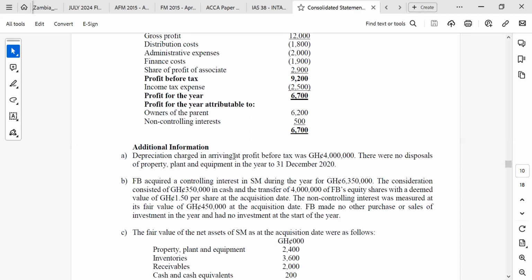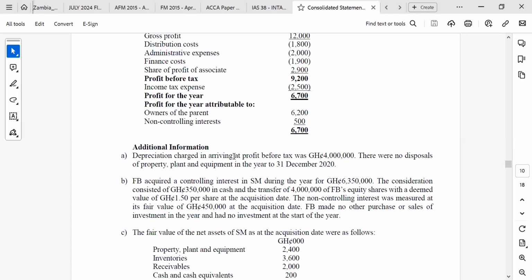B. FB acquired a controlling interest in SM during the year for 6,350,000 Ghana cedis. The consideration consisted of 350 Ghana cedis in cash and the transfer of 4 million of FB's equity shares with a deemed value of 150 pesos per share at the acquisition date.